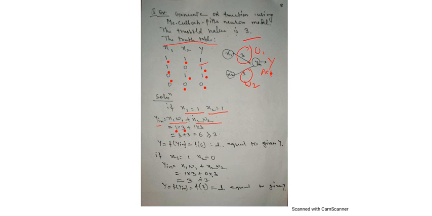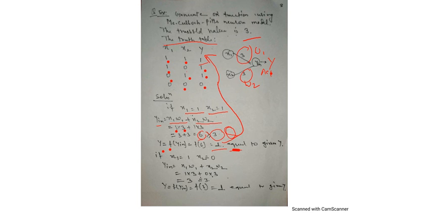So 3 plus 3 is 6, and the threshold value is 3. We got the value 6, which is greater than 3, that is the theta value. So what will it return? It will return 1, which matches this output. Is it clear?